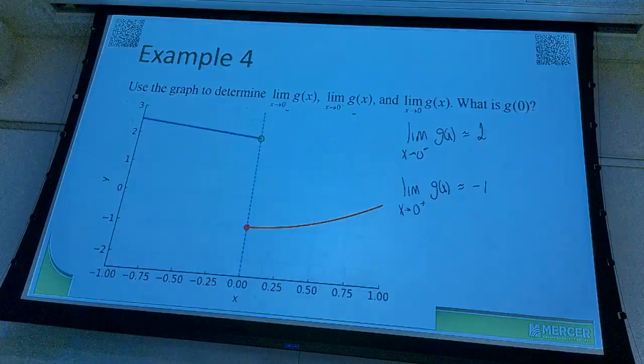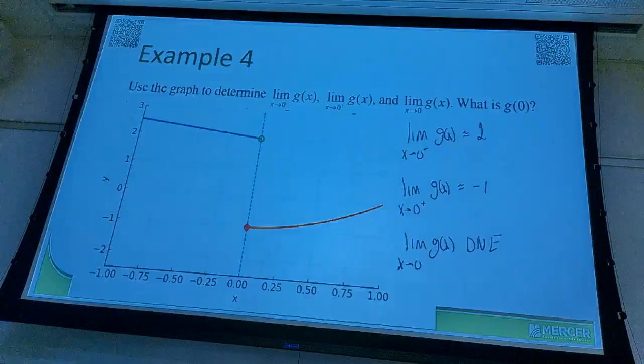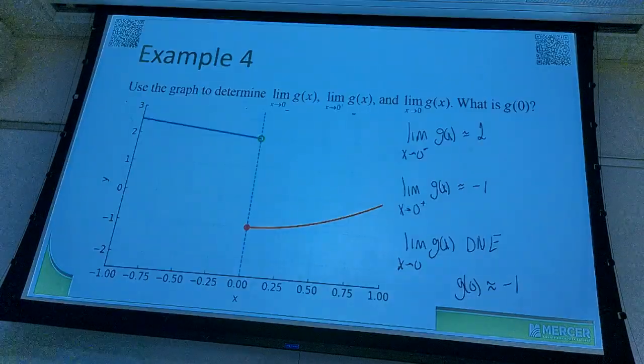No. So we just write DNE, does not exist. What is g of 0? -1. What kind of discontinuity would that be? That's a jump discontinuity.